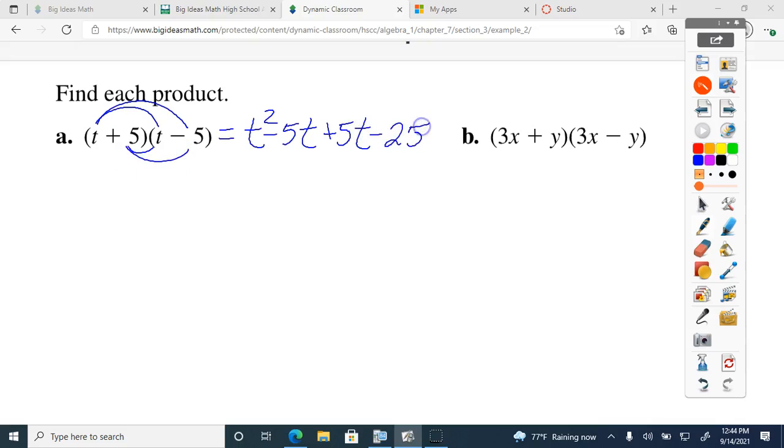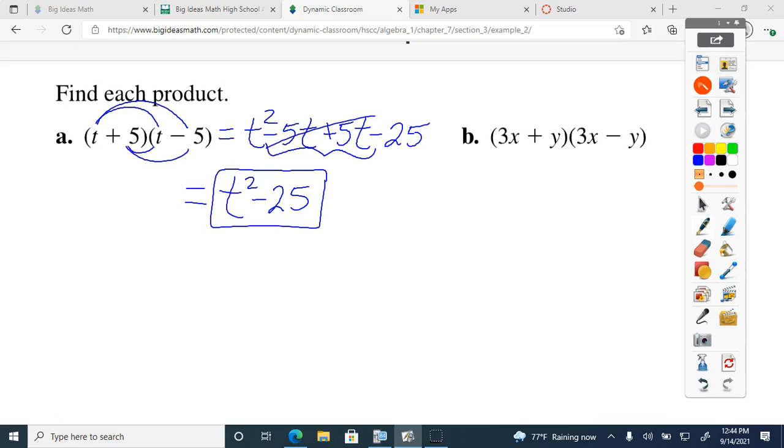Negative 25. So, when you're multiplying the opposites like this, when we go to add our like terms, what happens to them? What's negative 5t plus 5t? They cancel. And that happens every time. So you're just left with what? T squared minus 25.